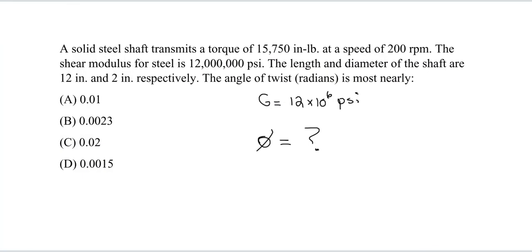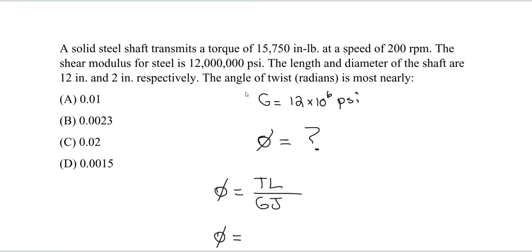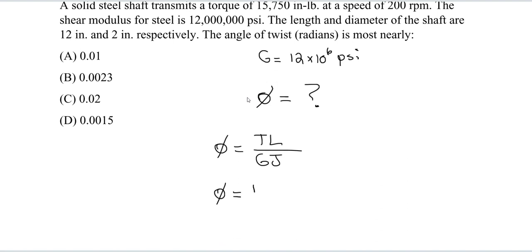So if we go back, our equation, if I write that, our phi, the angle of twist, is going to be our torque times the length divided by our G value times our polar moment of inertia, our J, for the shaft. So phi equals, the torque is given to be the 15,750 inch-pound.